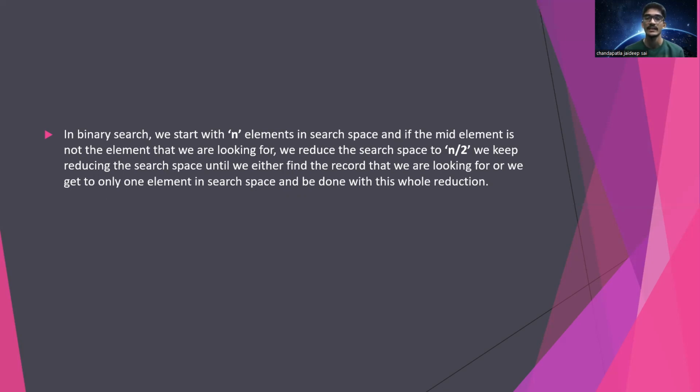Or if the middle element is less than the key element, then we have to traverse from the middle index to the end of the array and search for the key element there. If we are still not able to find the key element, then the key element is not present in the array, so we print that the number is not found. It is about the binary search algorithm.